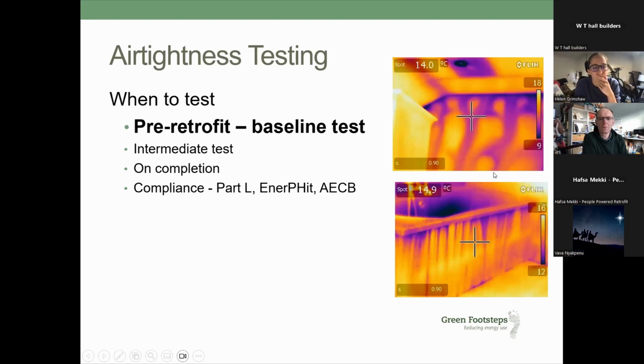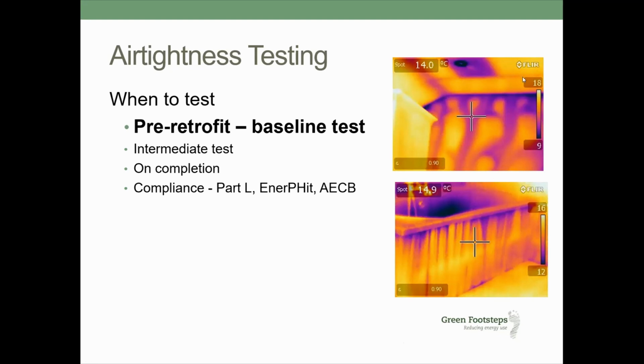Pre-retrofit baseline test. So what I've got here are some examples from pre-retrofit tests. This is using the building's heating, and we're looking at what's happening. In the top image on the right hand side, we've got a dot and dab plasterboard wall, and what we're seeing here is air movement behind the plasterboard, bypassing any insulation that's in the wall.